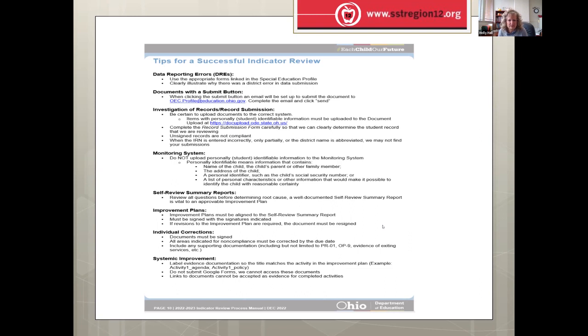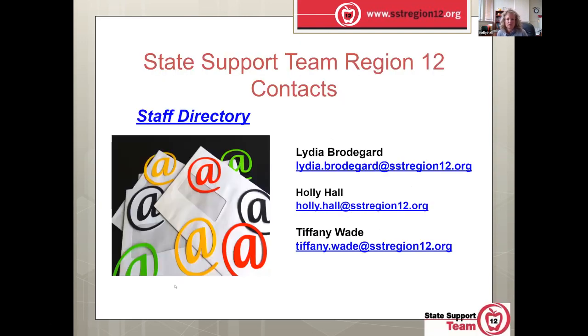And then systemic improvement, those Google Forms are not accessible to OEC, so that's under that second bullet there. We did put our contact information and then links to our staff directory.